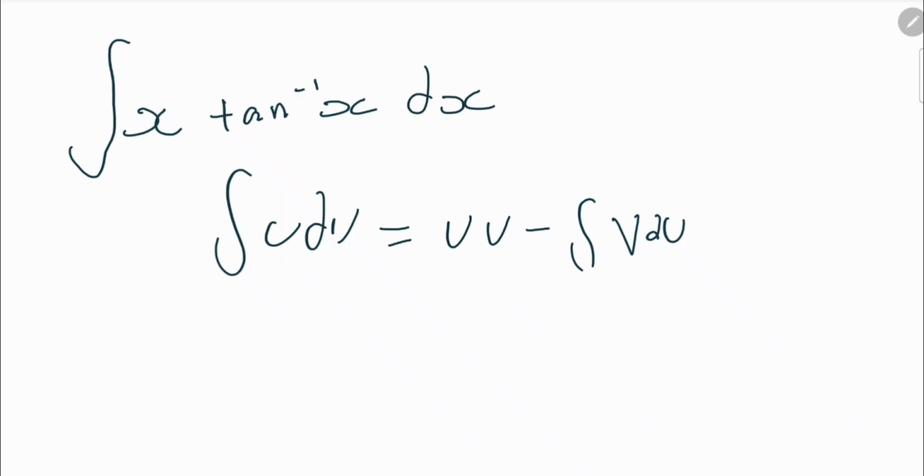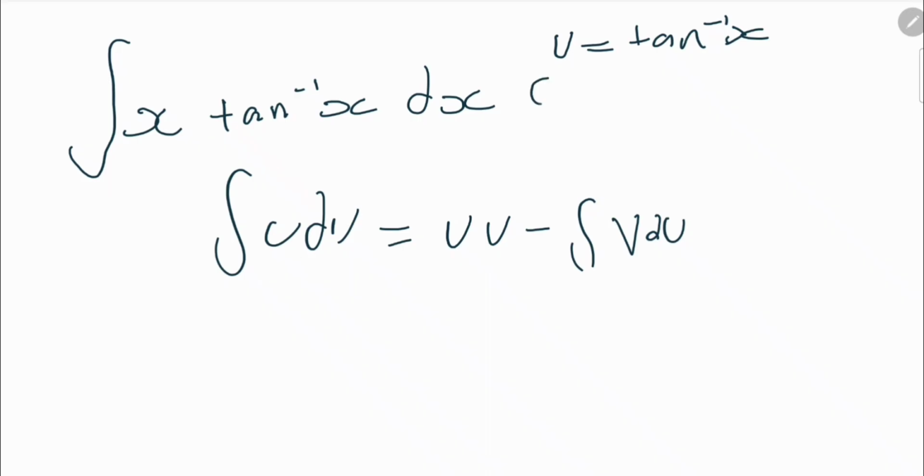So for this case and most cases, you usually want to make the trigonometric component equal to u. So u equals tan to the negative 1 x, or arctan.